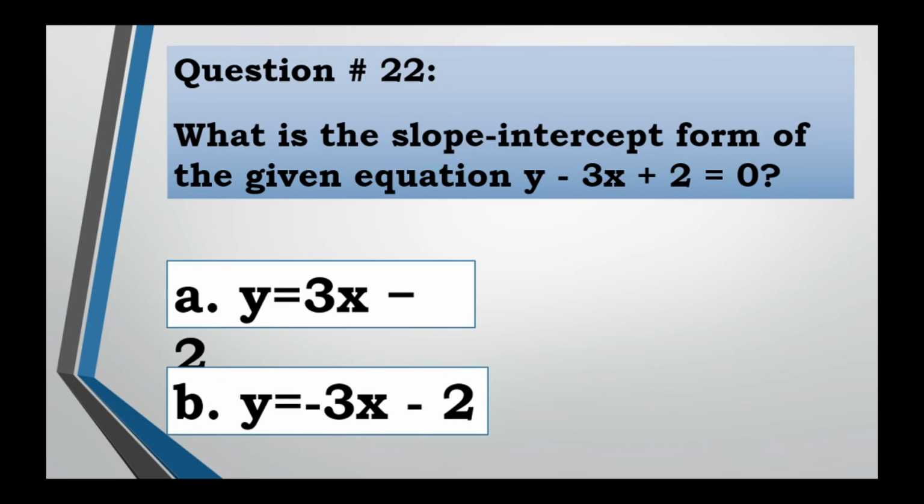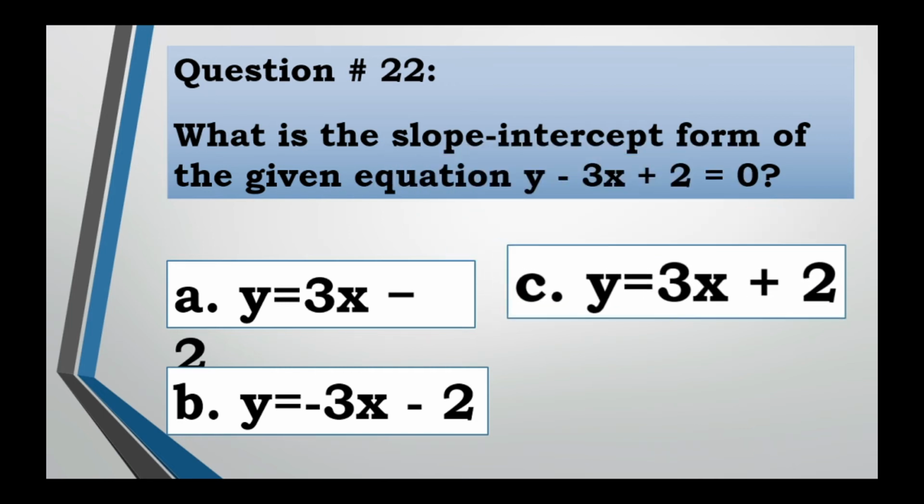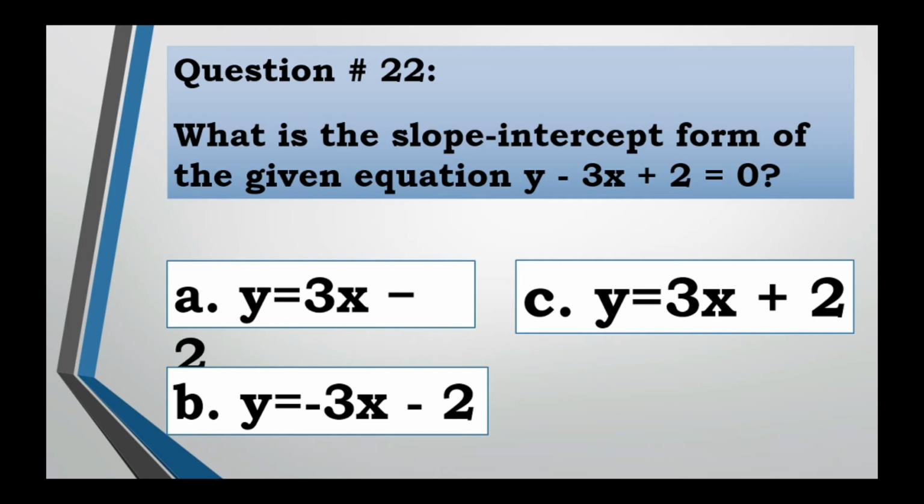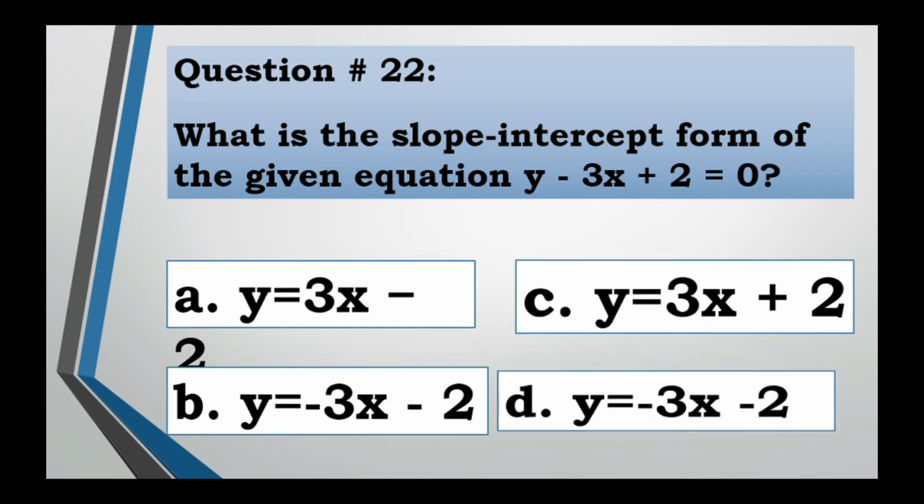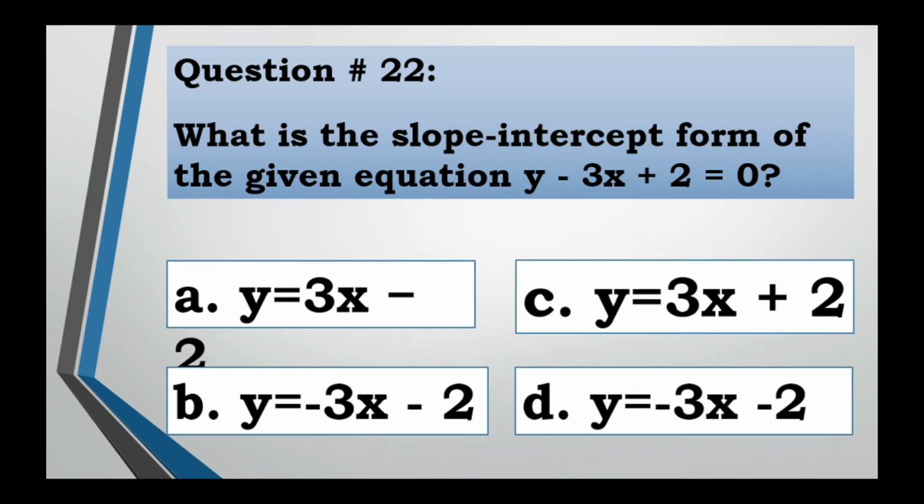Letter B, y equals negative 3x minus 2. Letter C, y equals 3x plus 2. Letter D, y equals negative 3x minus 2.